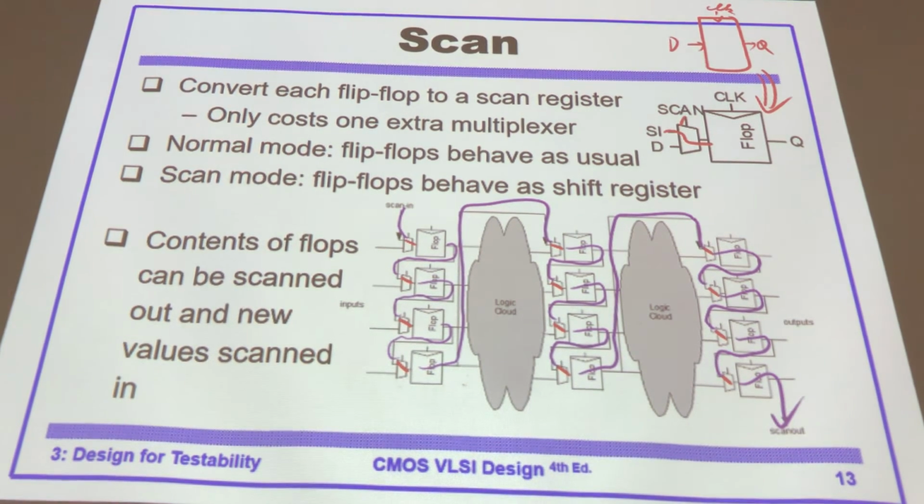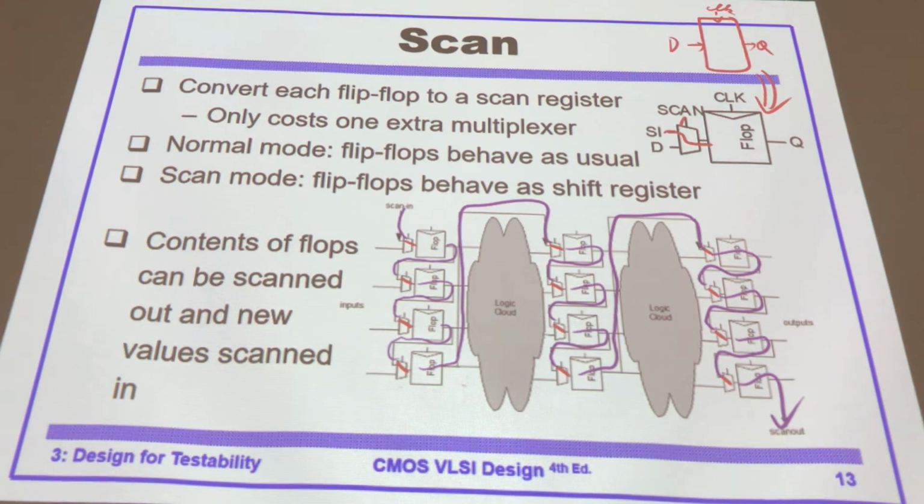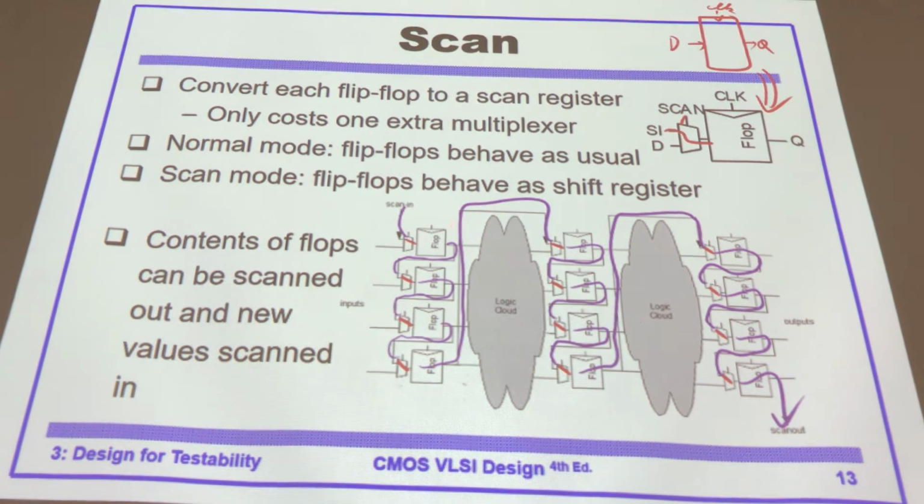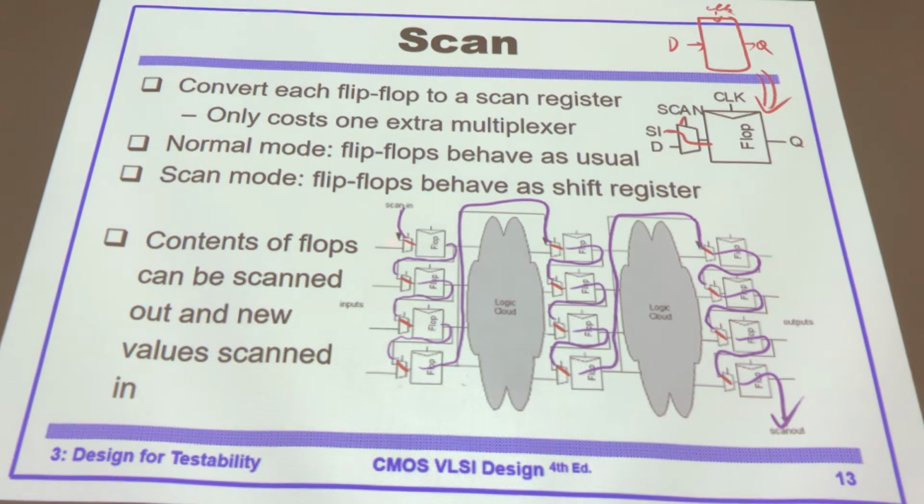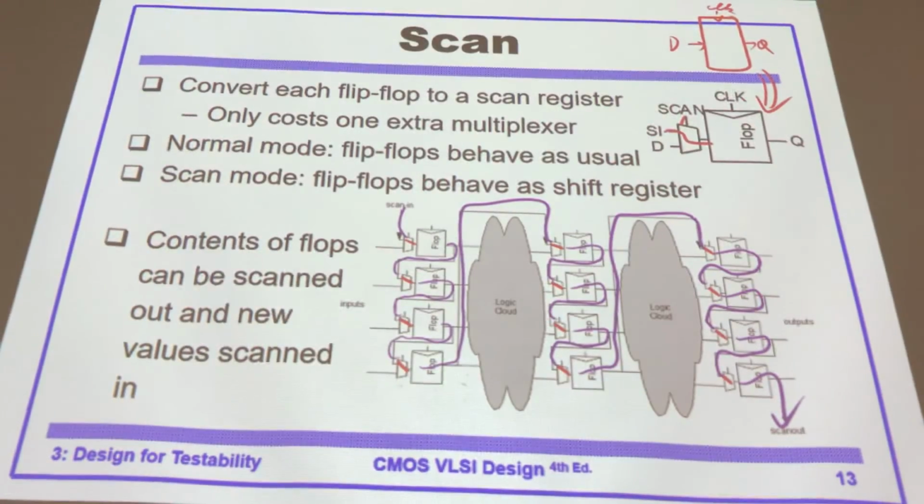Coming out. When this control signal scan is 1, you're choosing this input. So the signal from the outside will be shifted into the chain of the flip-flops, one step after another.